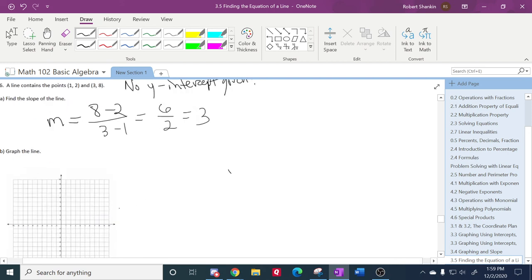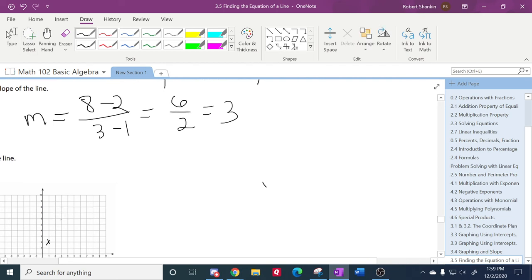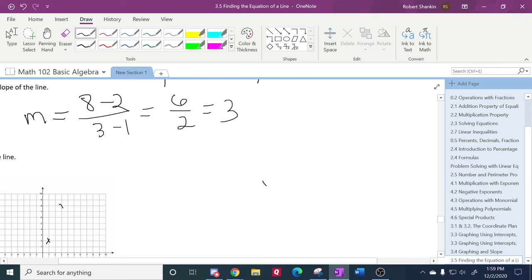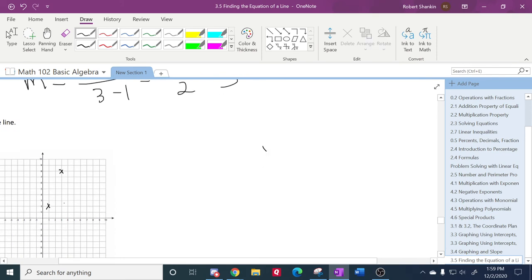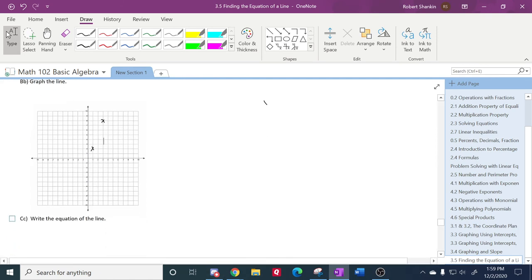So let me blow it up a little bit. (1, 2) and (3, 8). Okay, so there's the line.